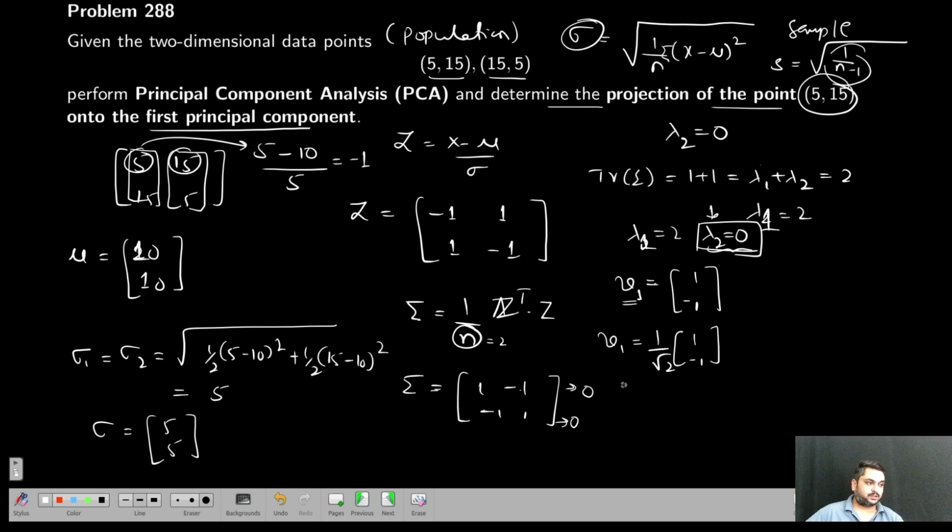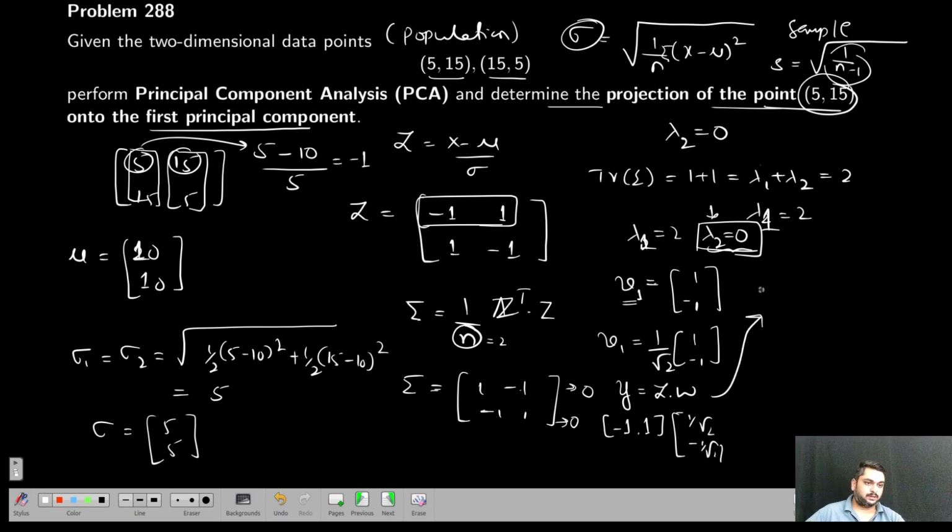Now you find the projection. The projection is y equal to z dot w. They are asking for the first point, which corresponds to this, right? So that will be (minus 1, 1) dotted with (1 by root 2, minus 1 by root 2).